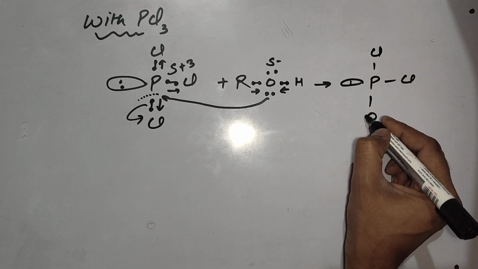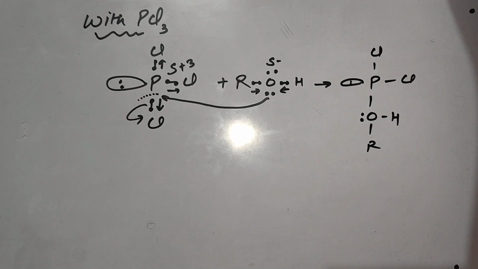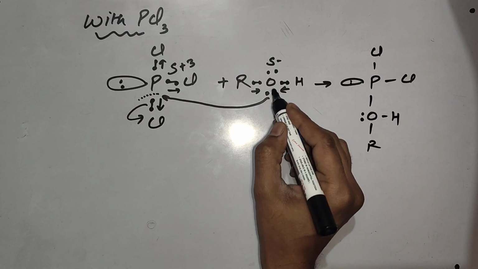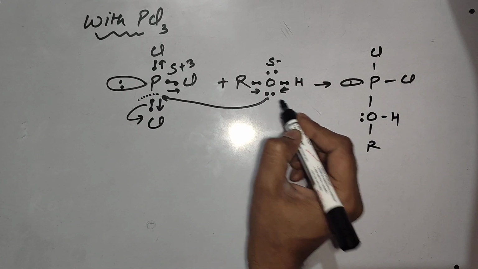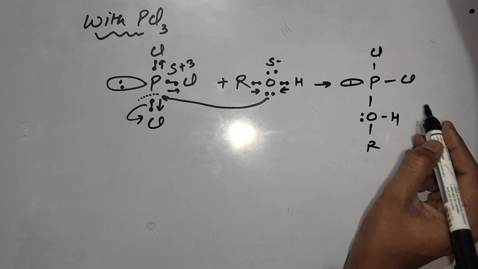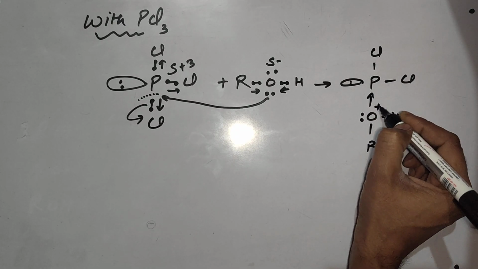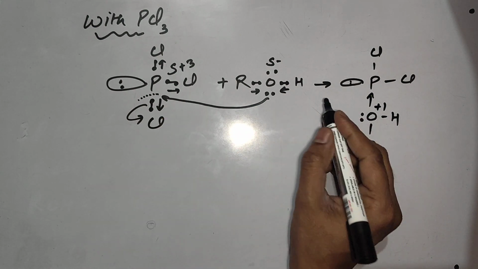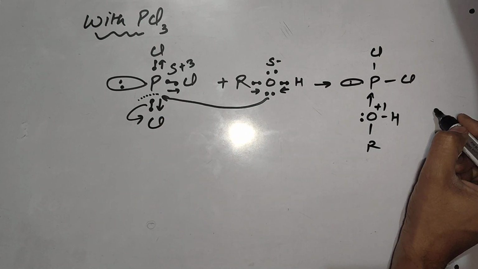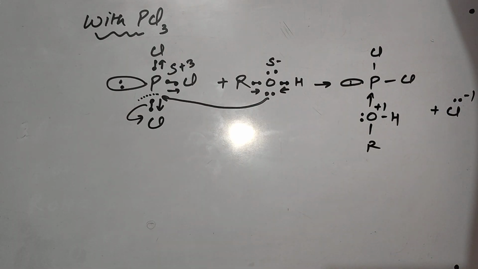So the next molecule will be this. Now oxygen will make a dative bond with phosphorus with this lone pair, so there is only one lone pair now. When oxygen makes a dative bond with P, a positive charge will develop over it. And from here Cl negative is already released, which I am writing over here as a negative particle.